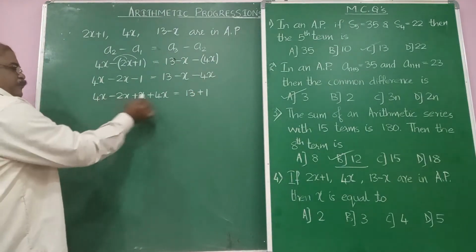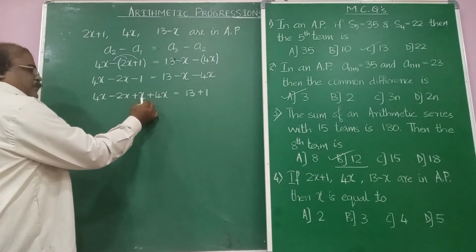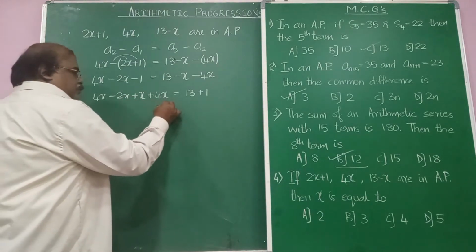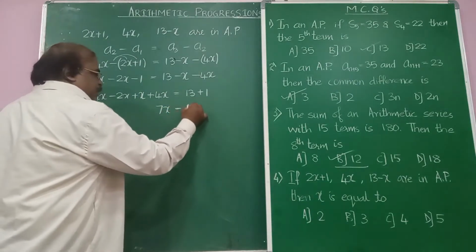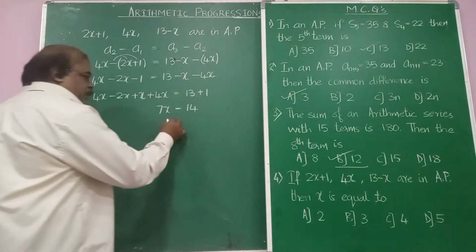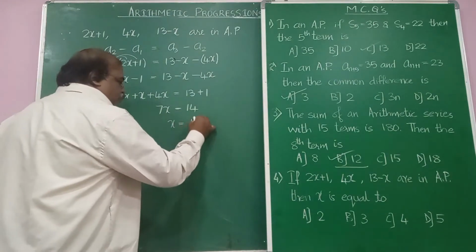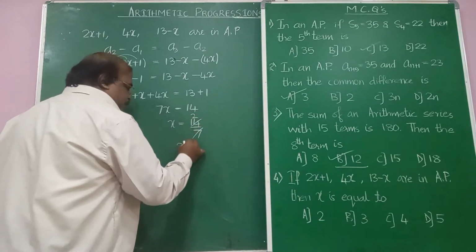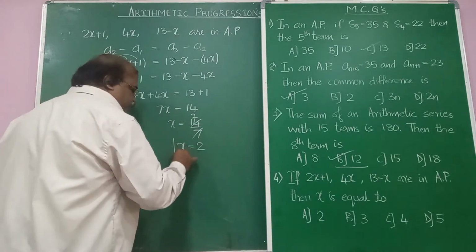So 4x plus 4x is 8x, plus 1x is 9x, minus 2x is 7x, equal to 14. So x is equal to 14 upon 7. So the value of x is 2.